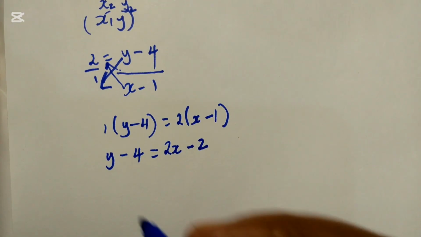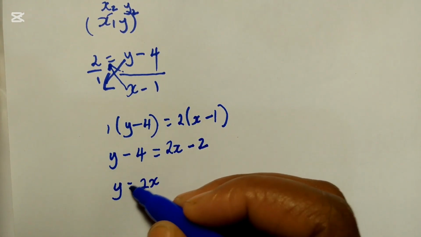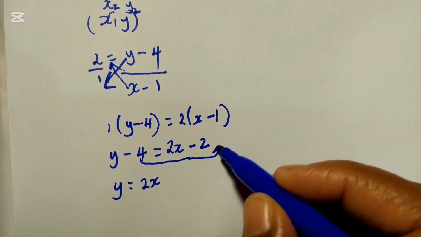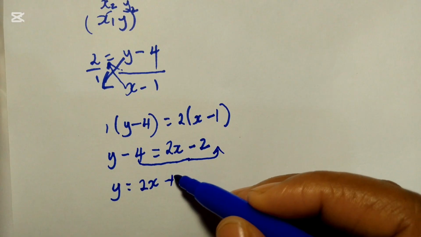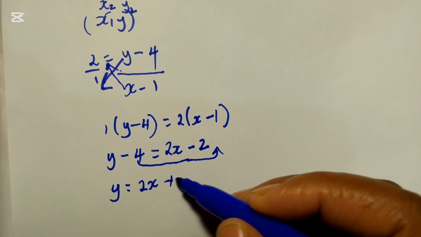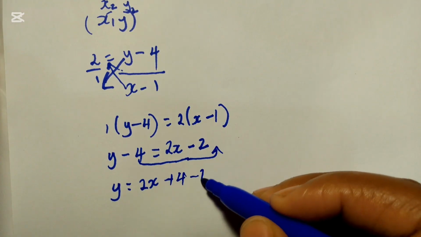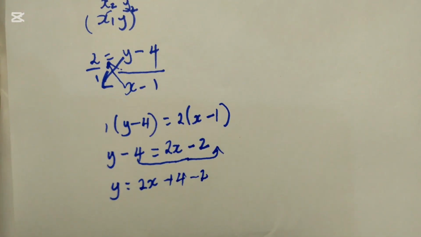Grouping like terms together, we'll have y being equal to 2x. Taking negative 4 to the other side of the equation, we'll have positive. We first write the negative 2, or we can write positive 4, then minus 2. I've just interchanged. That is just the same.